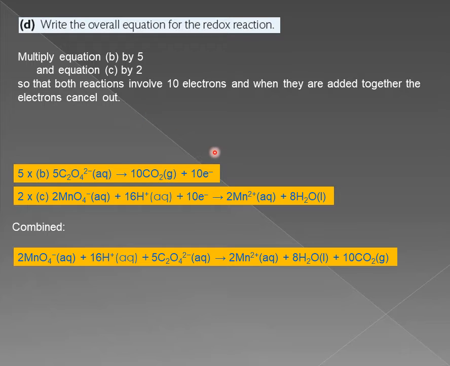So the total electrons will be 10 in the 2 equations, because the number of electrons must be the same. And after that we can cancel them. 10 electrons released and 10 electrons gained, so they can be cancelled with each other. And if we have water or H+ in the reactant and the product, they can also be cancelled, but in that case we don't have. Then combine the 2 equations, and this is the answer.